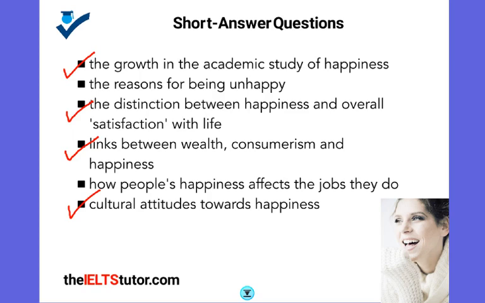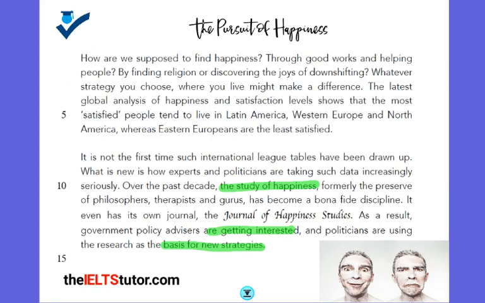Okay, now let's move on to unfamiliar vocabulary. Now, if you look at the text here, you might find that there are some words that can be unfamiliar to some people. Words, for example, like downshifting. Where can we find the word downshifting? So, words like downshifting, gurus, bona fide, risky, all of that.